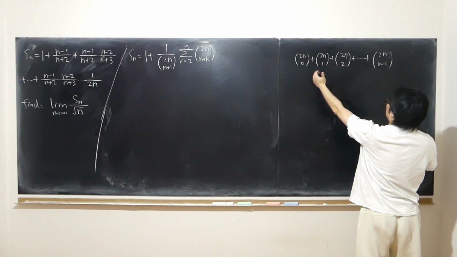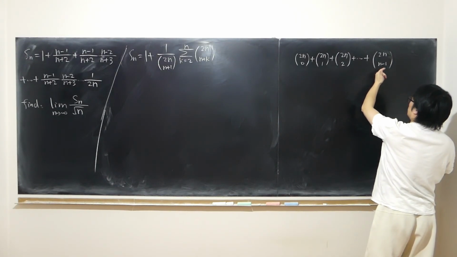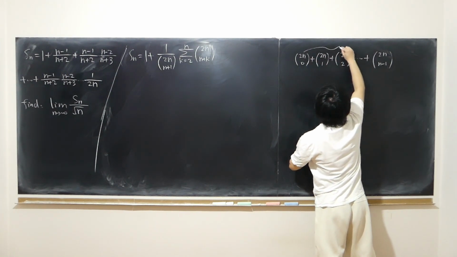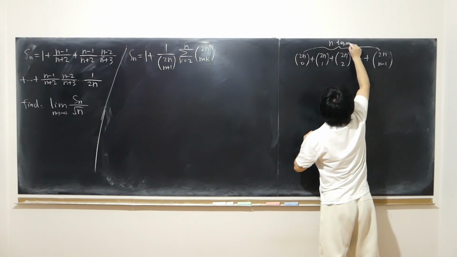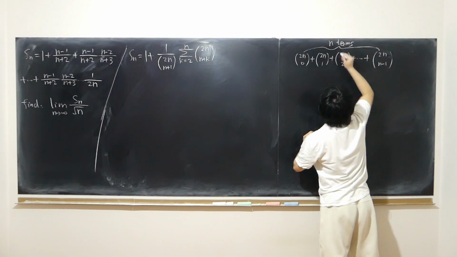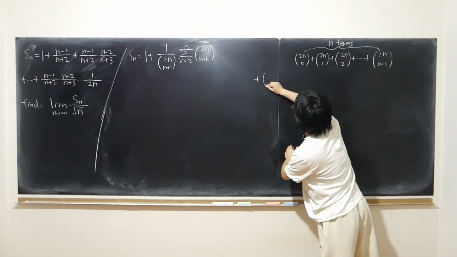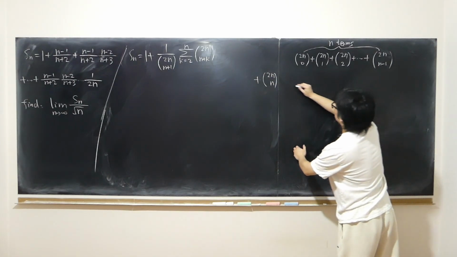How many terms are in here? 0, 1, 2, all the way, so n minus 1 plus 1, n terms. Next term I say 2n choose n after this term.